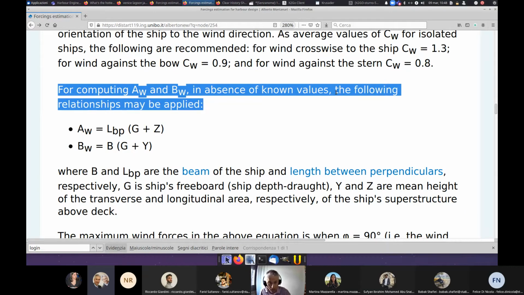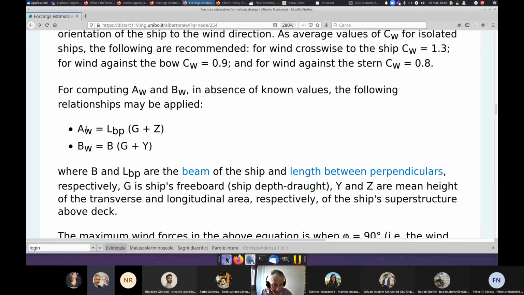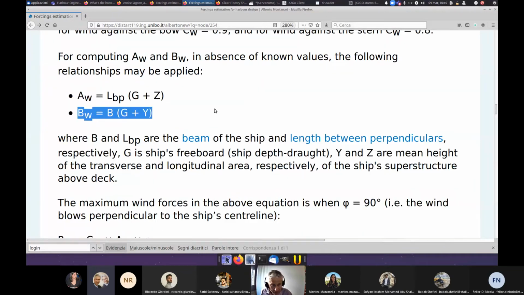But if you don't have known values, you can apply the following relationships. So AW is given by this product. You don't need to learn this by memory. And let's just understand what are the variables there.